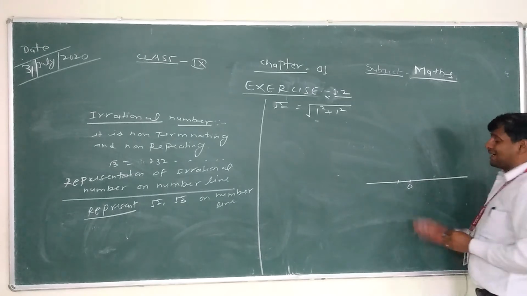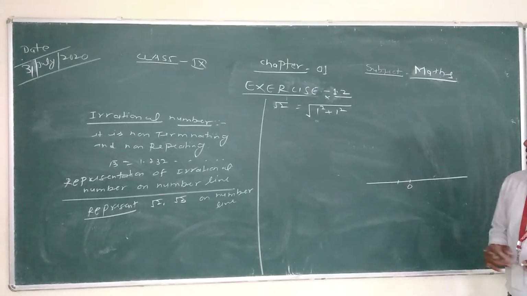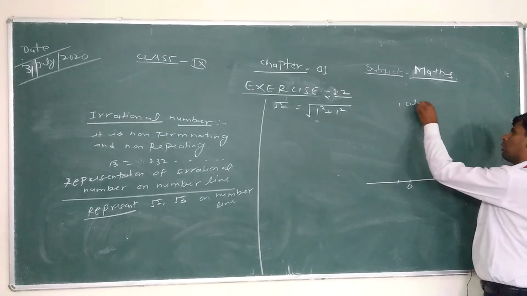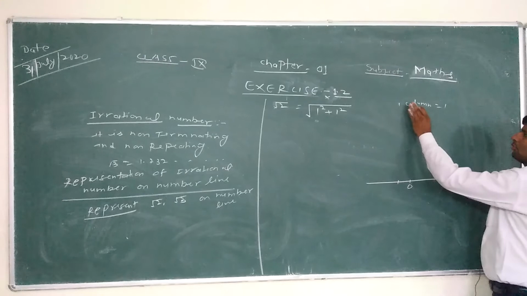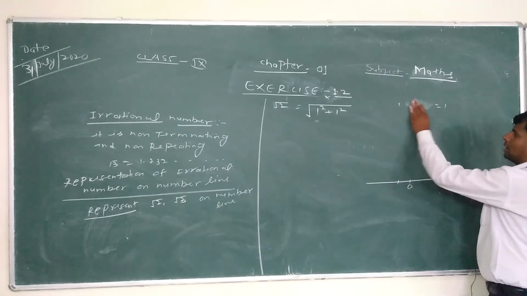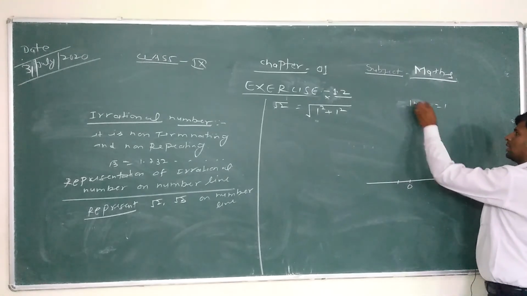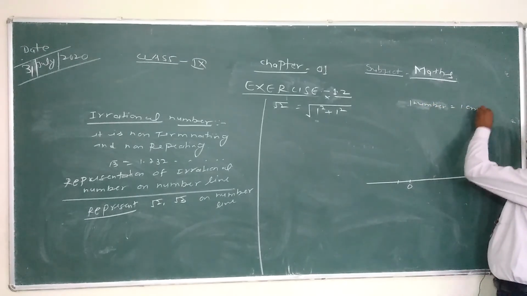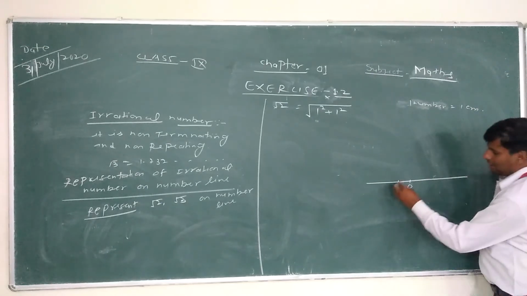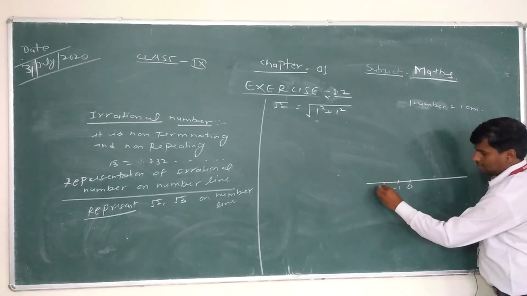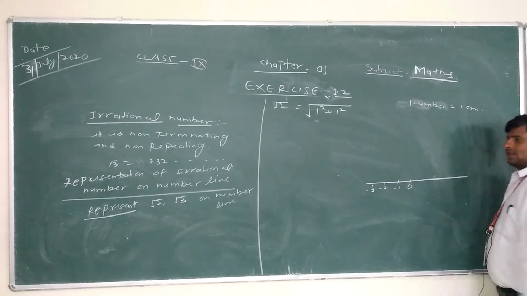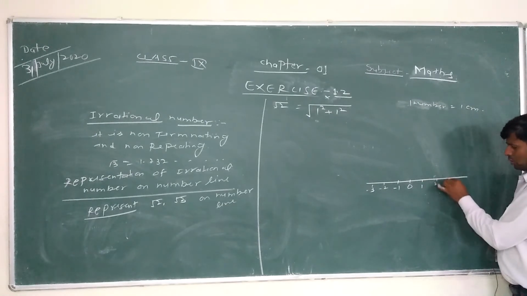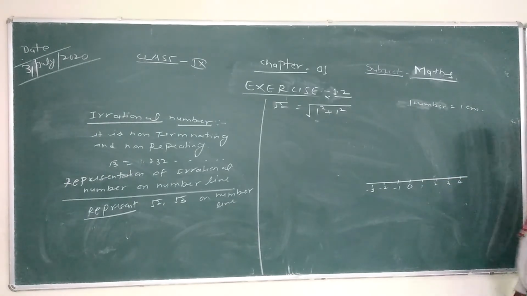So you can take unit, one number equal to 1 centimeter. So in left hand side we can take negative -1, -2 and -3. In right hand side we can take positive number, that is 1, 2, 3 and 4.